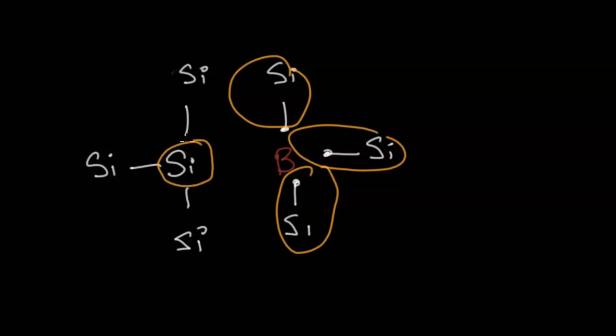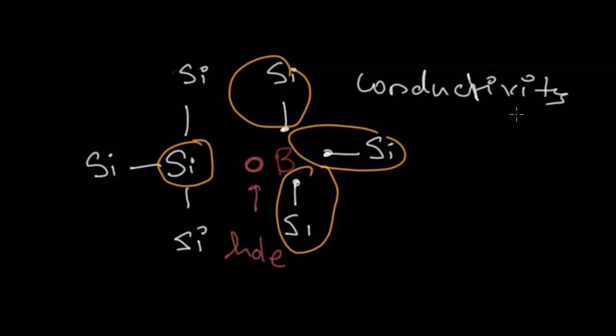But the 4th silicon atom is left unbonded, and hence a hole is formed. This hole contributes to conductivity. The charge carriers in this case are holes.